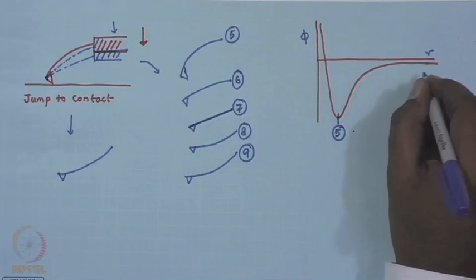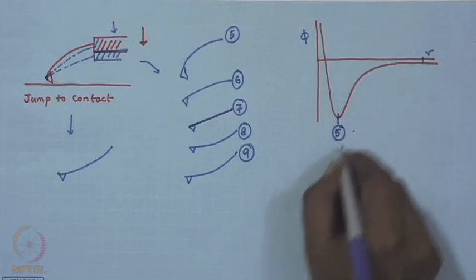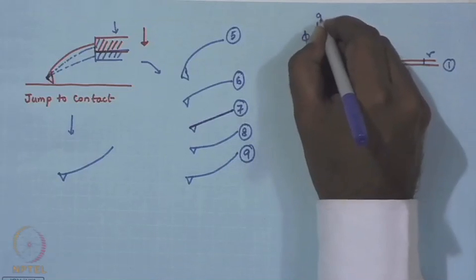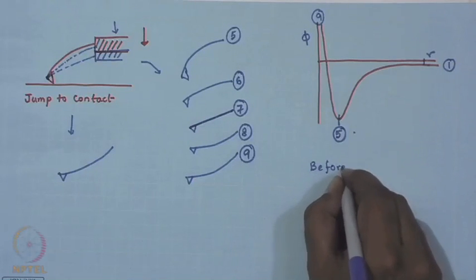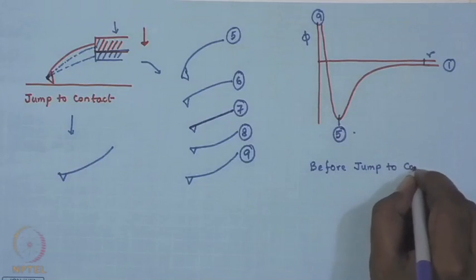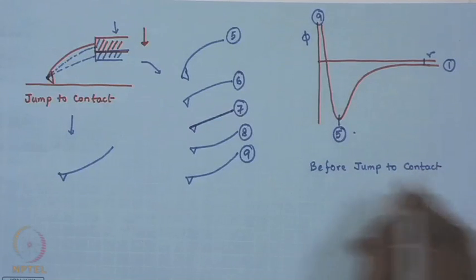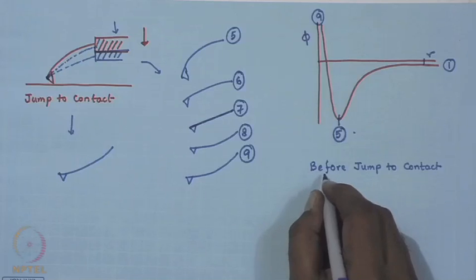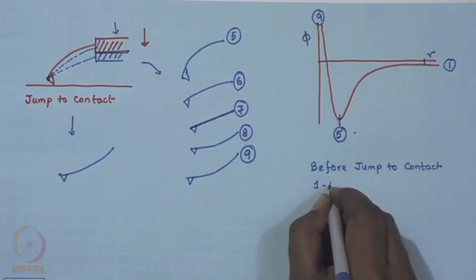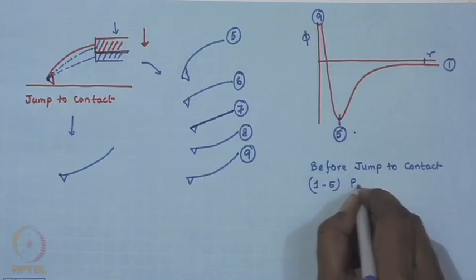So, before jump to contact, the motion of the tip, or the interaction, was following the 1-5 part of the curve.